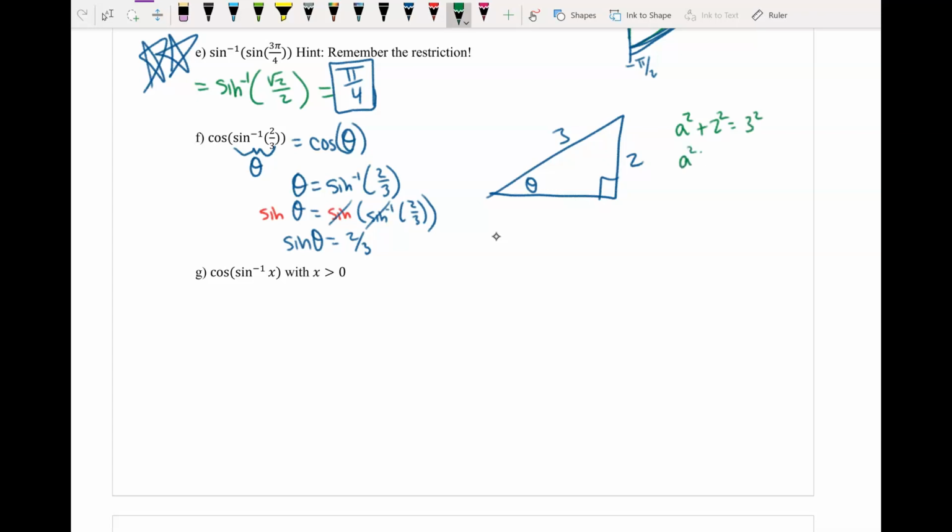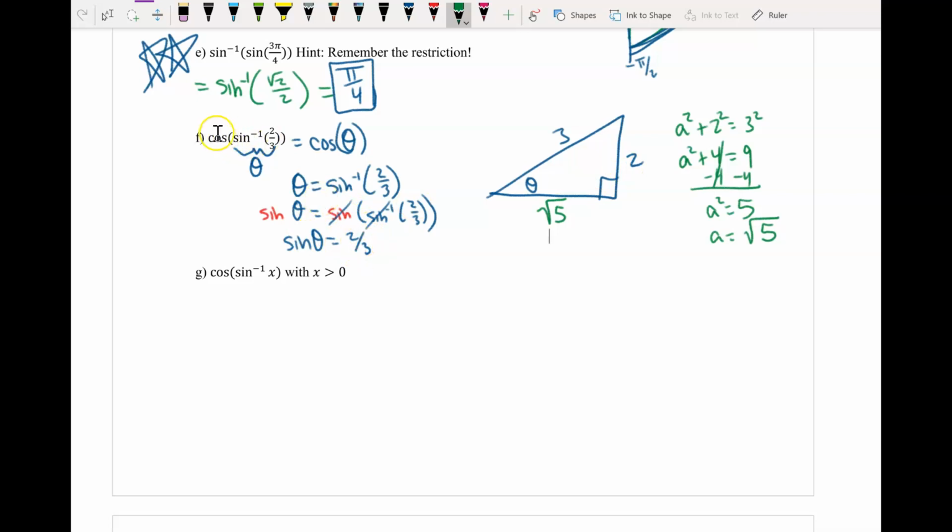So we got a squared plus 4 equals 9. Subtract the 4 over. A squared equals 9 minus 4, which is 5. So a equals square root of 5. This triangle I built based on sine theta equals 2/3.